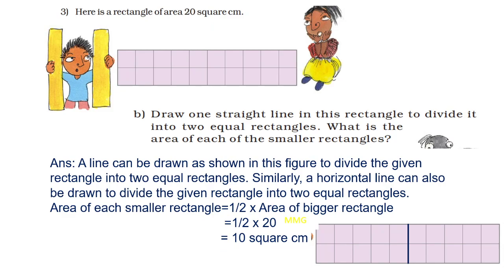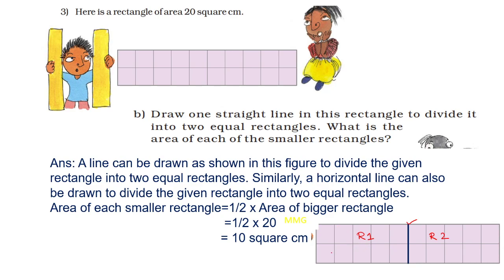Now children, here your question is, draw one straight line in this rectangle to divide it into two equal rectangles. What is the area of each of the smaller rectangles? So children, here I have drawn one straight line, and now here we have two rectangles. One rectangle is this, rectangle 1 and rectangle 2. Now what you have to do children, you have to find the area of each of the smaller rectangles.